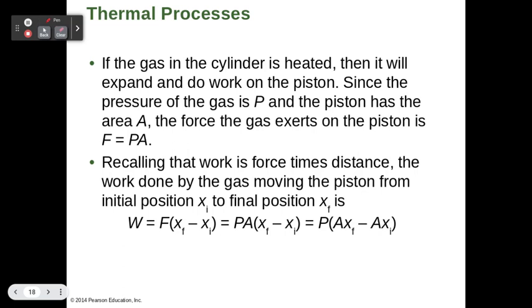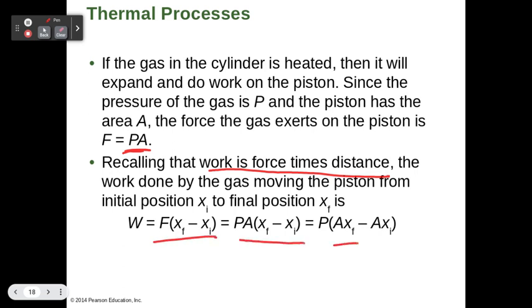So the force the gas exerts on the piston is P times the area of the piston, A. And then we're going to remember that work is force times distance. So work done by a gas moving the piston from the initial position to the final position would look like this.